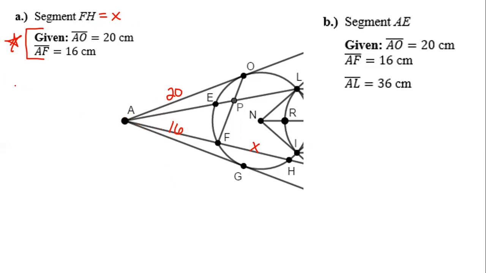So I notice that I have a tangent line AO, and I also have a secant AH.